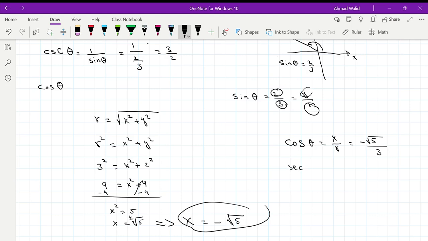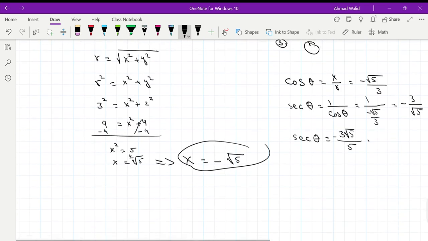Secant theta equals 1 over cosine theta, which means 1 over negative radical 5 over 3, which gives you negative 3 over radical 5, and you can rationalize it. It means secant theta equals negative 3 radical 5 over 5, correct? I already explained how to rationalize. Please don't complain. Go back to the video where I explained how to rationalize the denominator. Do it, correct? Because I am just explaining once.